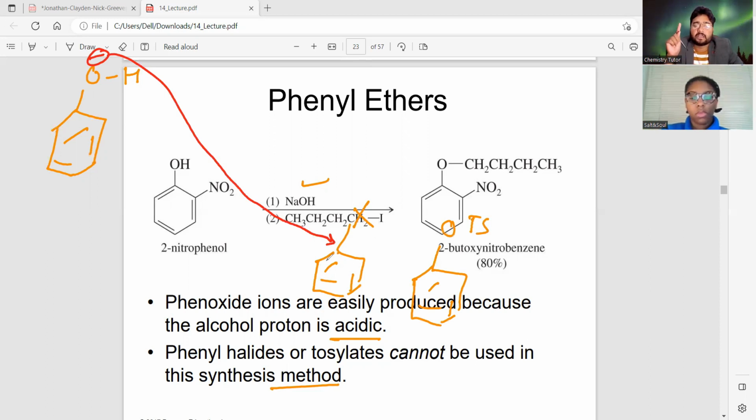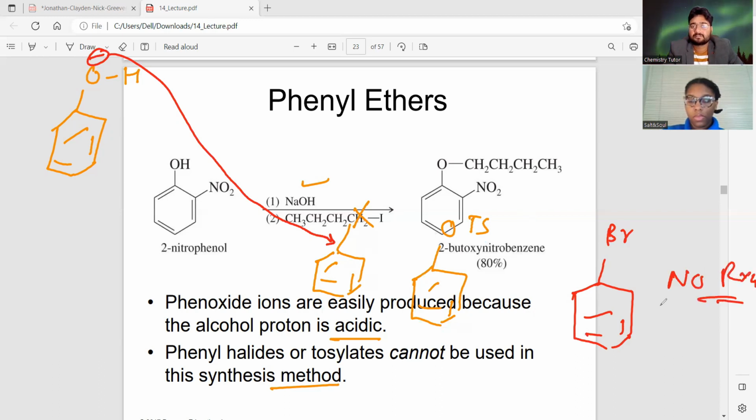It always attacks sp3 hybridized carbon. So if your professor gives you an alkyl halide like this one in the second step, then there's no need to carry out the reaction. Simply write no reaction. Got it?